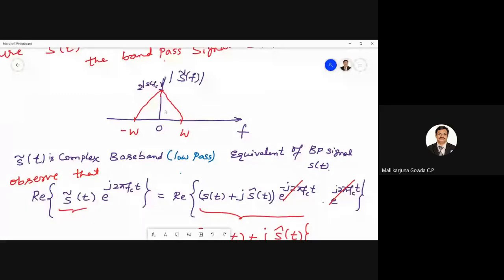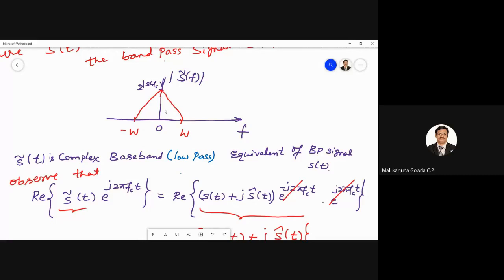This is basically a low pass signal. The modulated signal I represent as S of t, which is basically a band pass signal. The information content of the modulated signal is fully preserved in the complex envelope. That is why I would like to map this complex envelope of the band pass signal into a complex low pass signal. That is the first requirement.